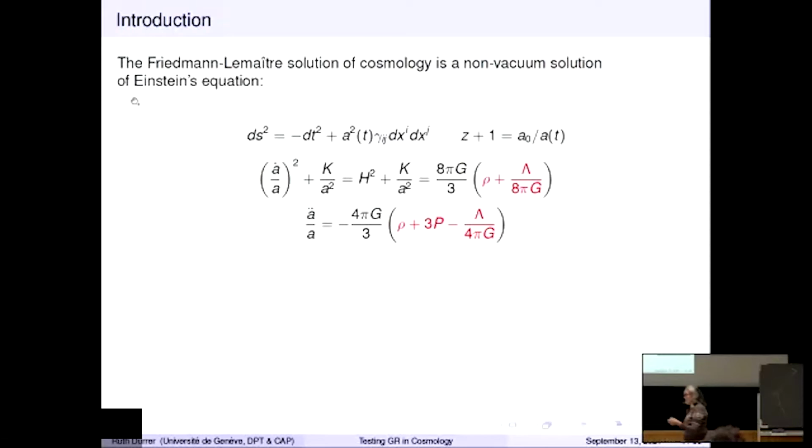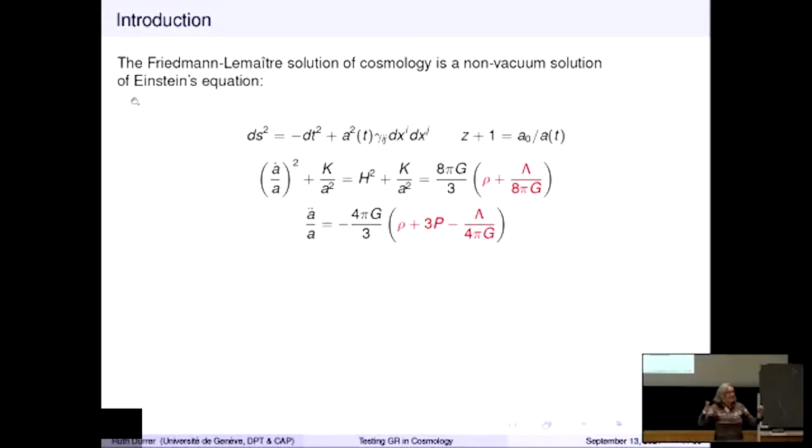If we make this very simple assumption for the metric of space-time, the equations boil down to a dynamical equation for this expansion factor, which will depend on the one hand on the curvature of this 3-dimensional space of constant curvature, and on the other hand, on the matter content of the universe, its energy density and its pressure.